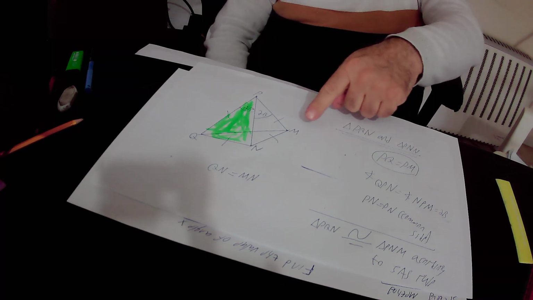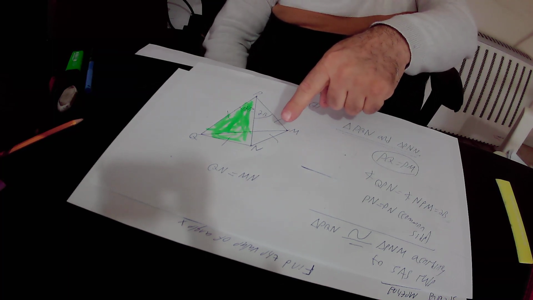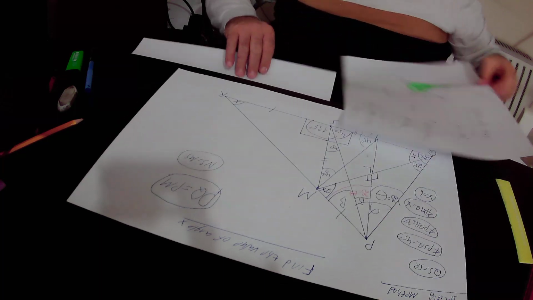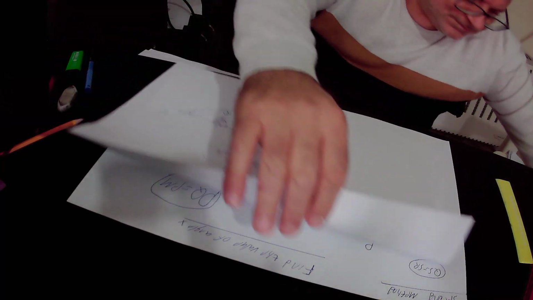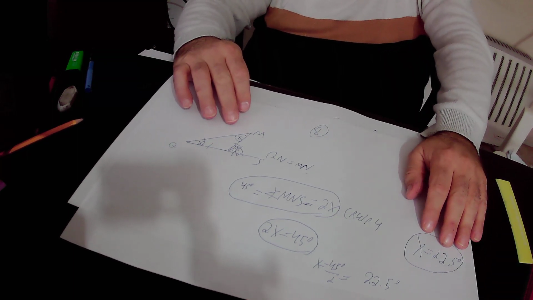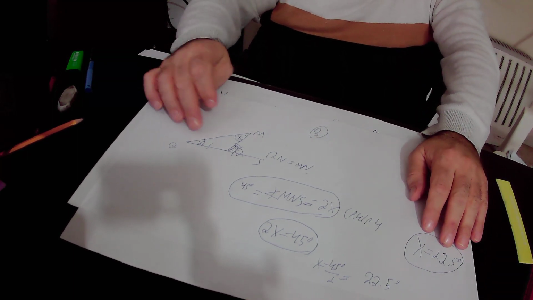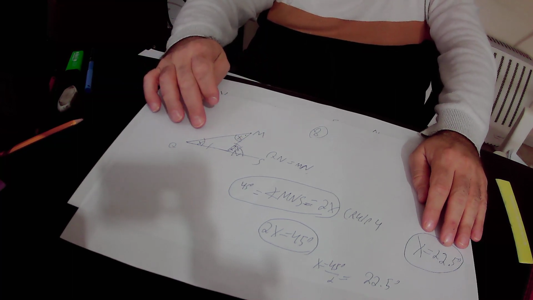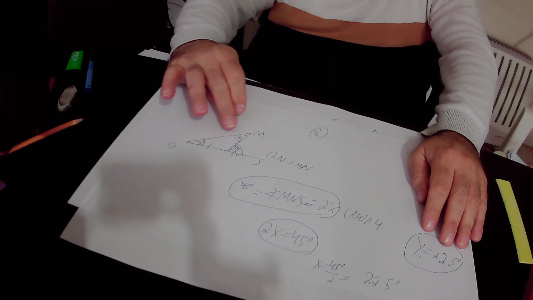So I draw triangle QMN again in a new page. And here we have triangle QMN. And we know that QN equals MN. In triangle QMN, QN equals MN.